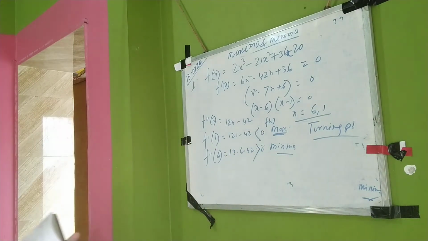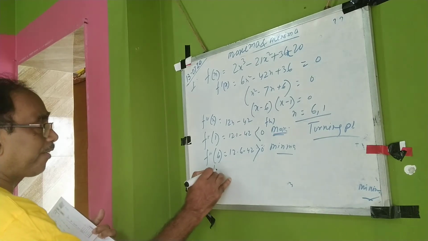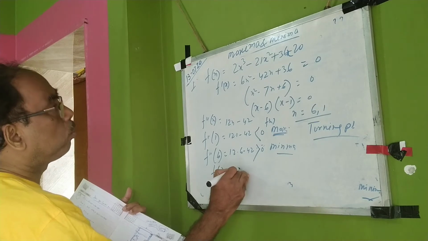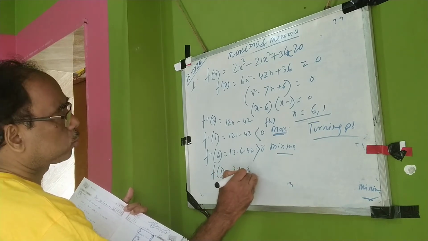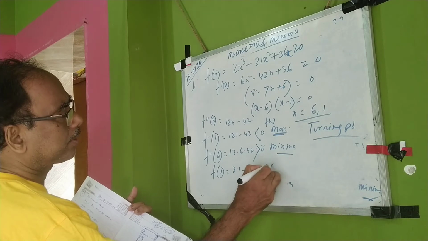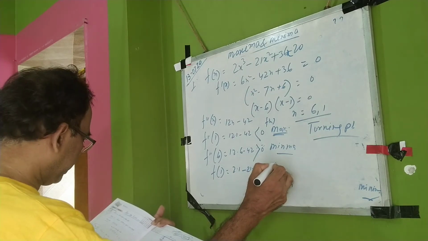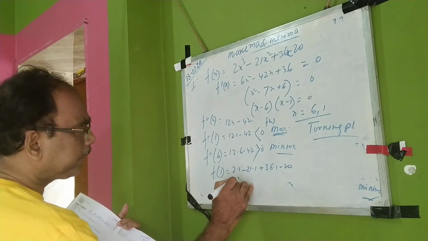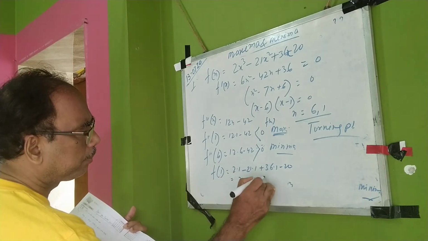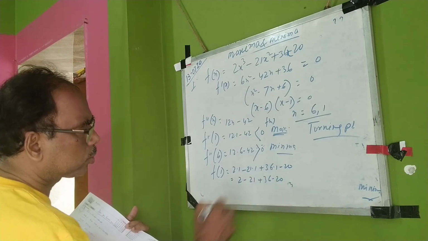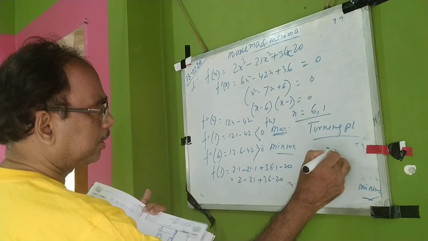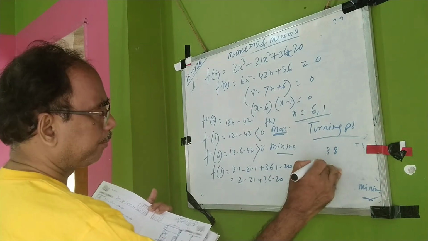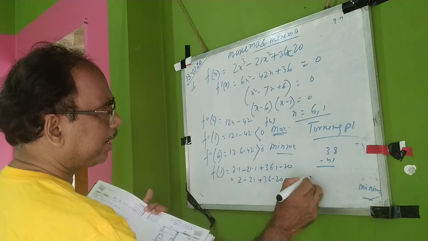So what is your maximum value? What is the minimum value? Then if you find f(x), that is f(1). f(1) is 2 into 1 minus 21 into 1 plus 36 into 1 minus 20. That is 2 minus 21 plus 36 minus 20. That is minus 3.